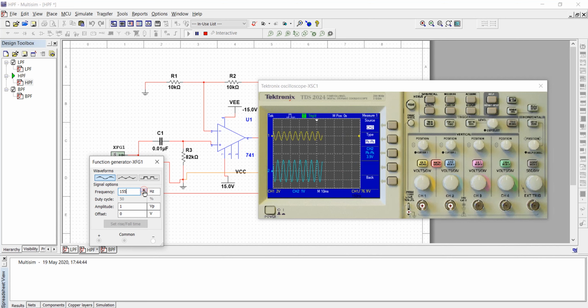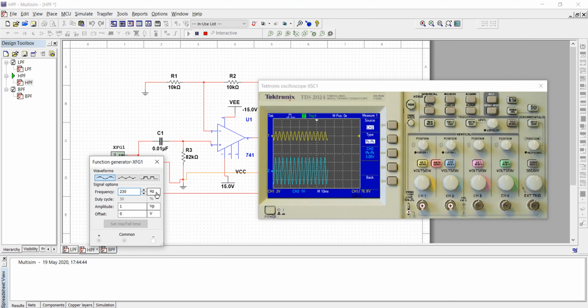Further increasing this to nearly 200 hertz, the amplitude goes on increasing. As we can see, it is nearly equal to 2.82 peak to peak, and at 200 hertz the peak to peak value is 287. So further increasing, it is nearly equal to 3.